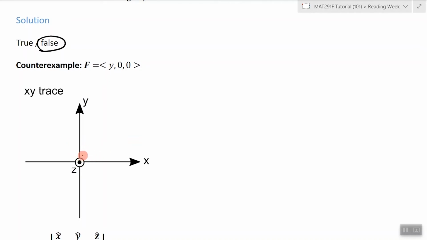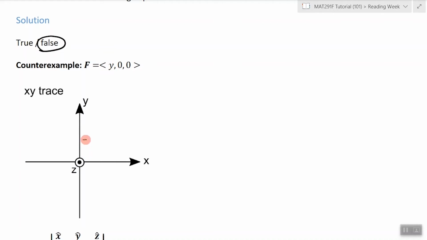So this one, it only has the x component, and the x component is positive when y is positive, and the x component is negative when y is negative. And also, the magnitude of F increases when y becomes also larger in magnitude.